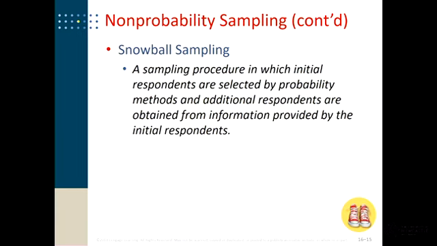For example, let's say that you will survey some professional golf players. Now you understand that a professional golf player is not an easy element to find. So what you can do is go for snowball sampling.